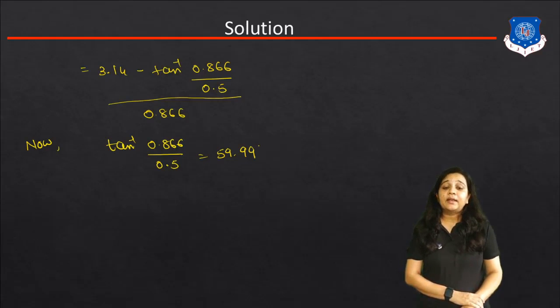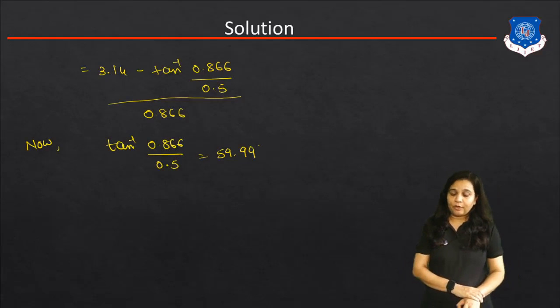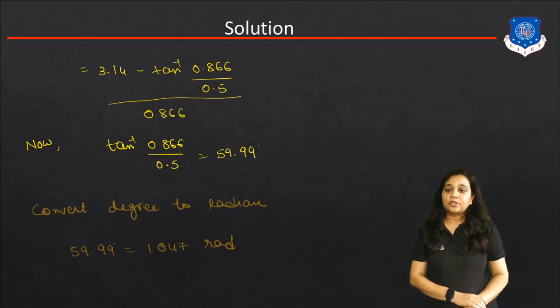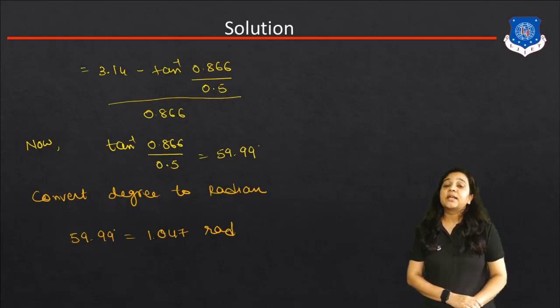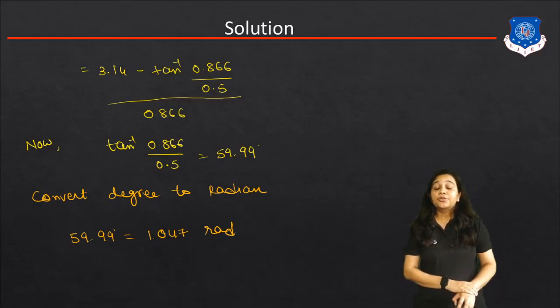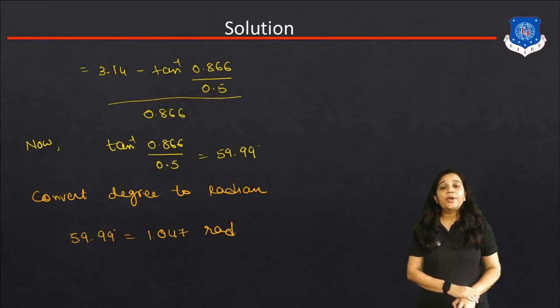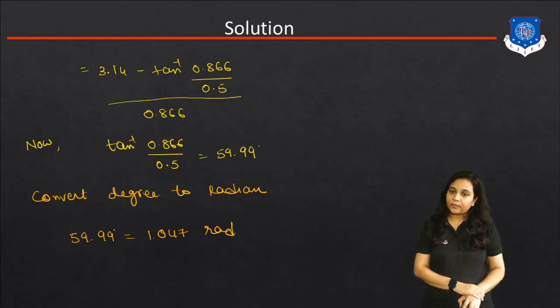Now we put this value in the above equation, and we get the rise time as a negative value. As you know, time is not a negative term, so we must convert this degree value into radians. 59.99 degrees is equal to 1.047 radians.